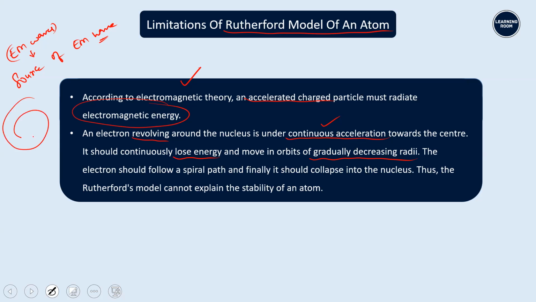It should have followed a spiral path and finally collapsed into the nucleus itself. Then this theory does not support the stability of matter, because when the electron collapses into the nucleus, there is no atom to talk about. It is all about the nucleus.